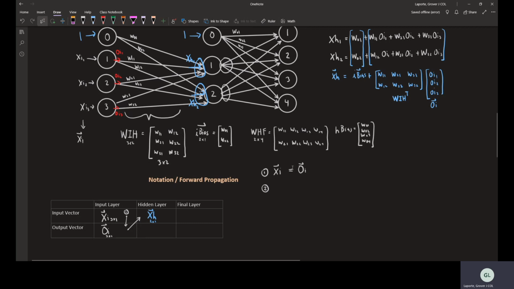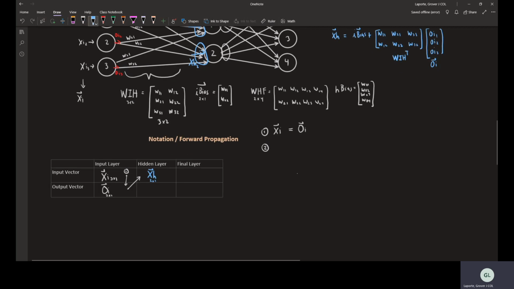All right, so with all that being said, if I want XH, all I'm going to do is take the previous thing that I found, which was OI. I'm going to have this matrix multiplication. So WIH transpose times OI. So let's keep track of all of the components.